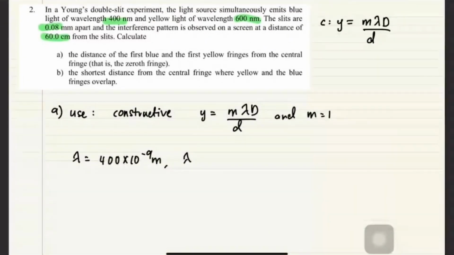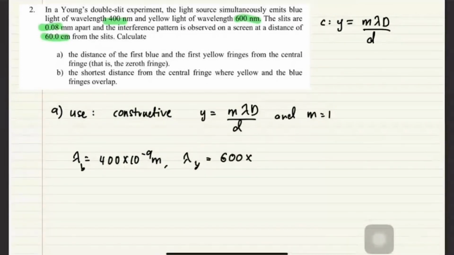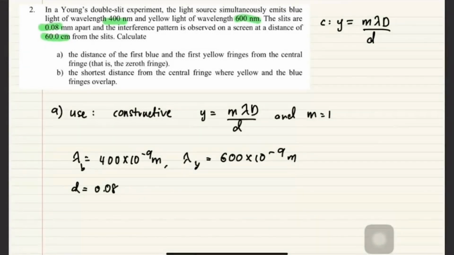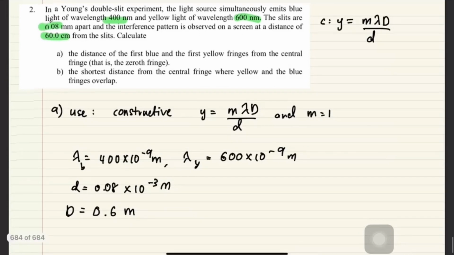So this one is the blue, this one is the yellow one. Okay, substitute d kecil tu 0.08 dengan D besar tu sama dengan 0.6 meter. Then you should get the answer. So kira asing jawapannya ada 2 lah.